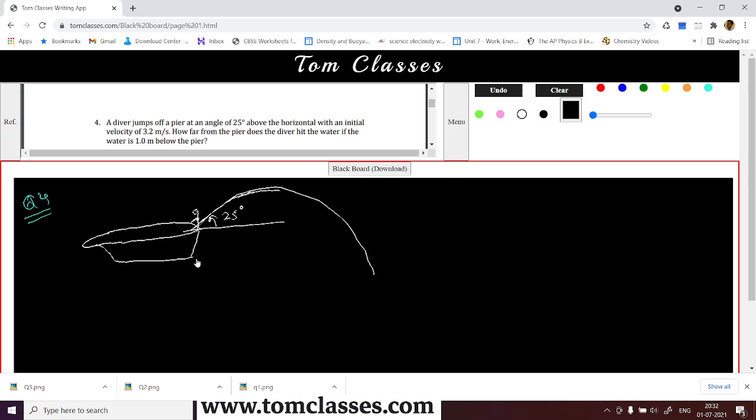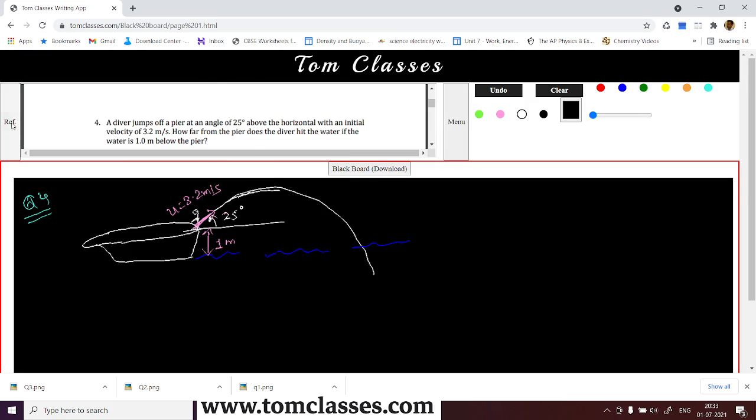This is the water, and this water is at a depth of 1 meter from here. That is the information given. Here u is 3.2 meter per second, and this angle is 25 degree.